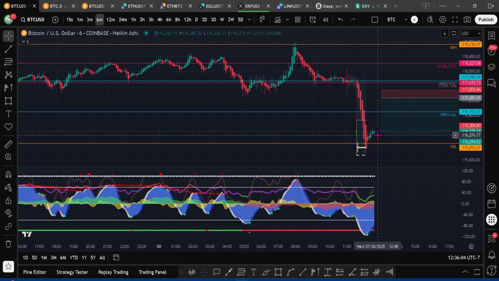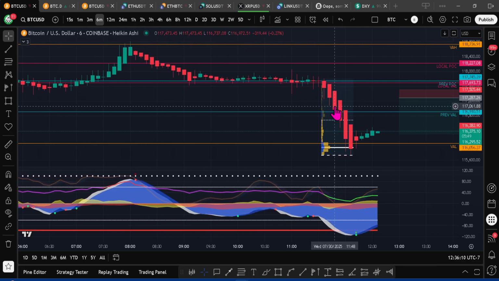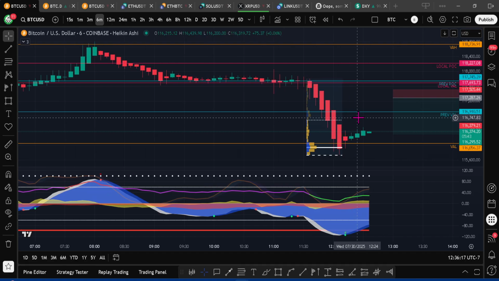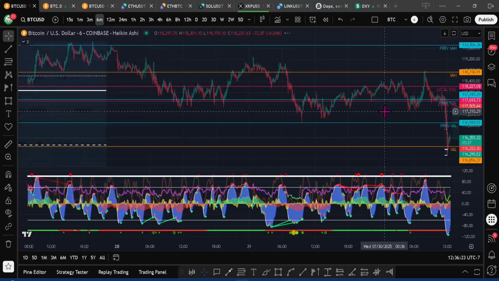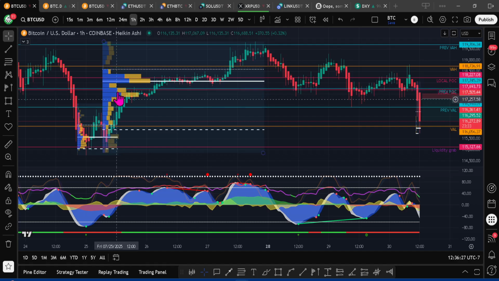But ultimately, yeah, you want to hit the value area low for this little local area, and then ultimately you want to hit the previous value area low, that I guess can go to the hour, that came from this structure right here, from the bottom of this to the top of that.